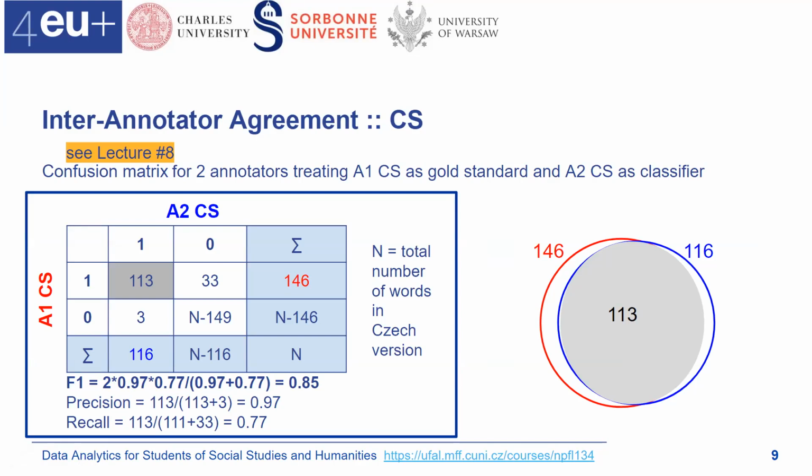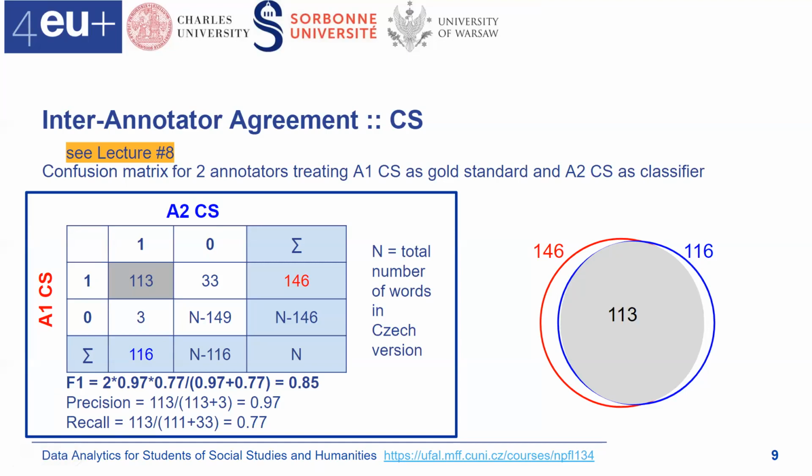Mathematically speaking, recall is the number of true positives, so subjects correctly classified, divided by the number of true positives plus the number of false negatives. And precision is the ability of the classifier to identify only the subjects. Having these two numbers, we can compute their harmonic mean, the so-called F1 measure.